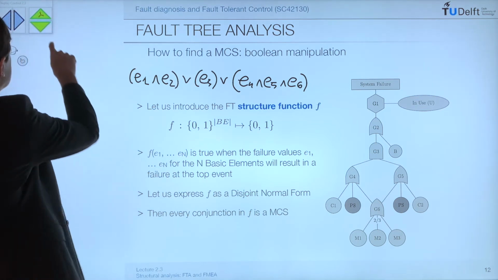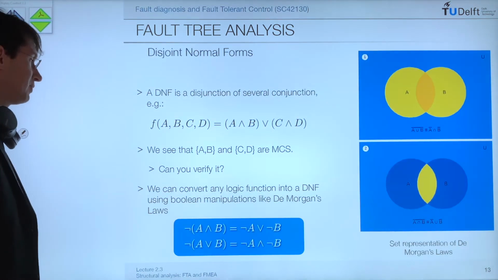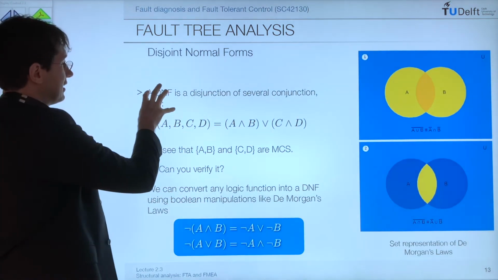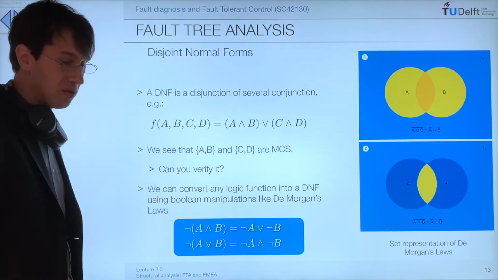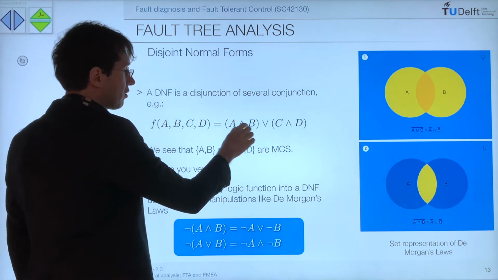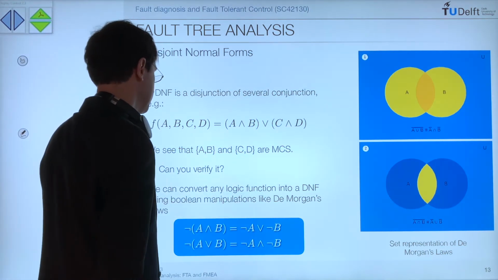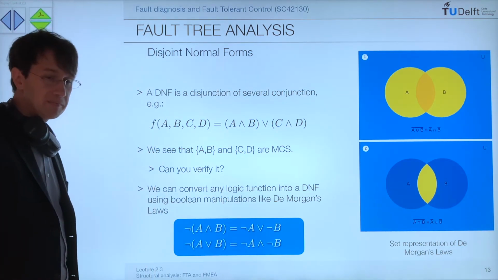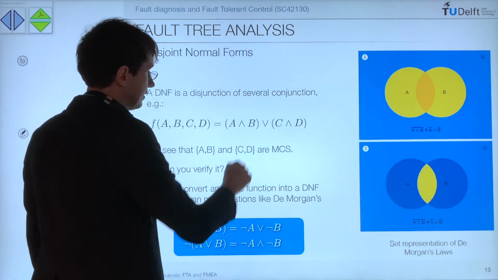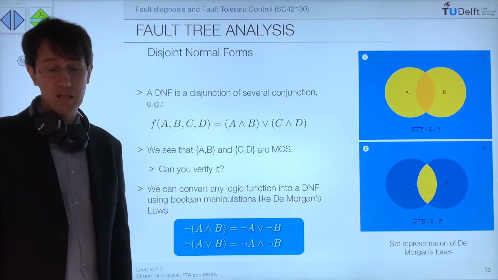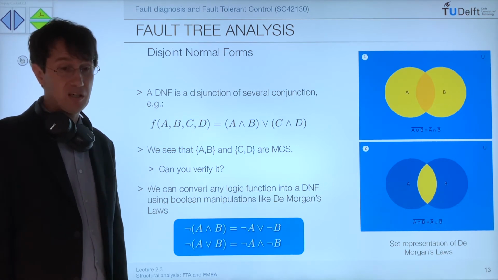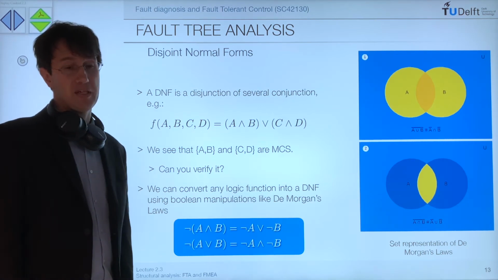So let us see this a bit more in detail. This is indeed what I just said. So the disjoint normal form is an OR of individual conjunctions. Now the question is, how can I get a form like that? You can get that by a simple manipulation of the logic function.